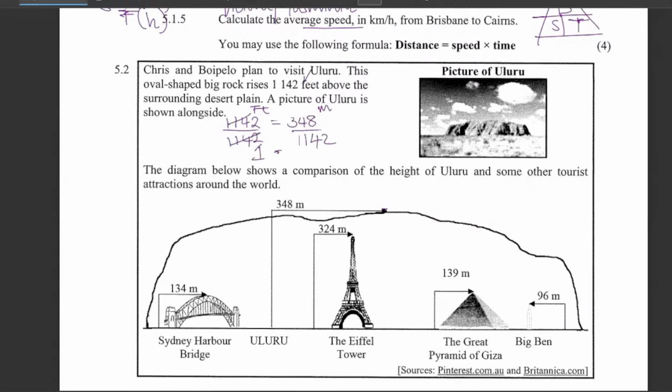1 foot now equals 348 divided by 1,142. Remember they said in decimals, so 3 decimal places. So 0.304, it becomes 5 because there's a 7 here.